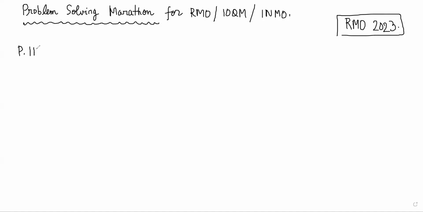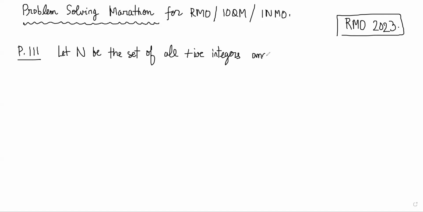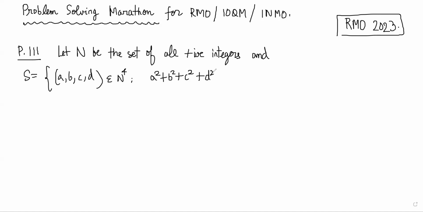This is problem 1. It says, let N be the set of all positive integers and S be the set of 4-tuples (a, b, c, d) belonging to the positive integers such that a square plus b square plus c square is equal to d square.